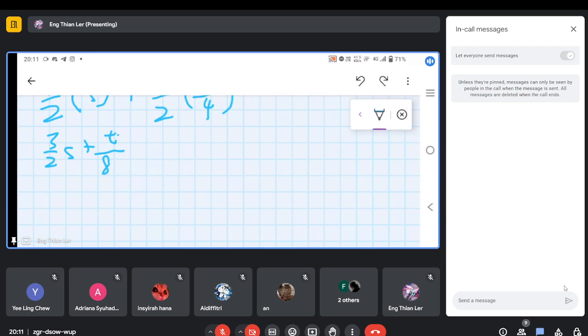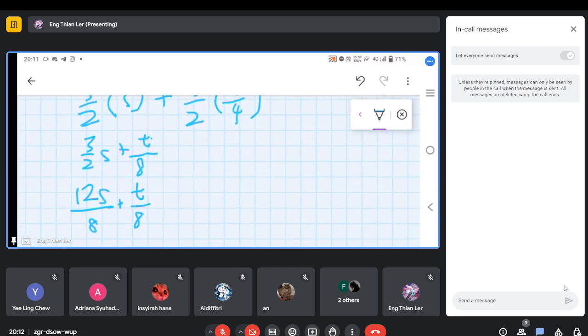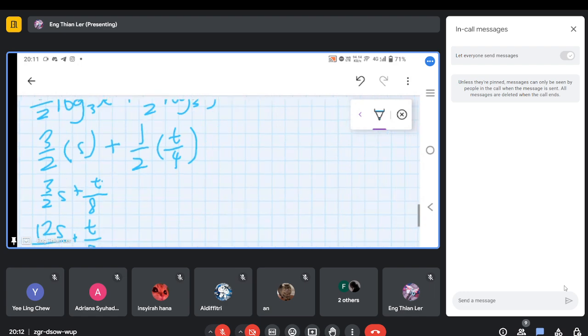We also need to make the common denominator by multiplying top and bottom by 8.